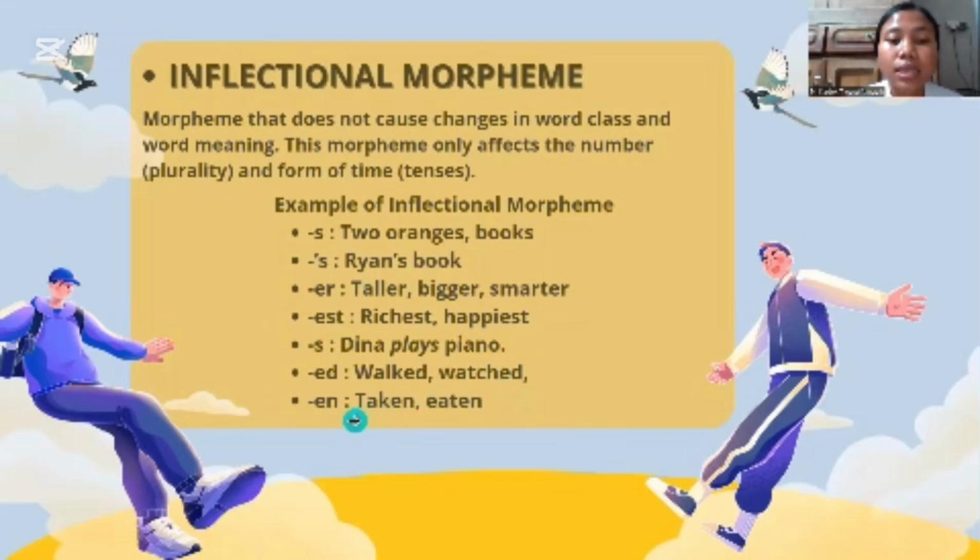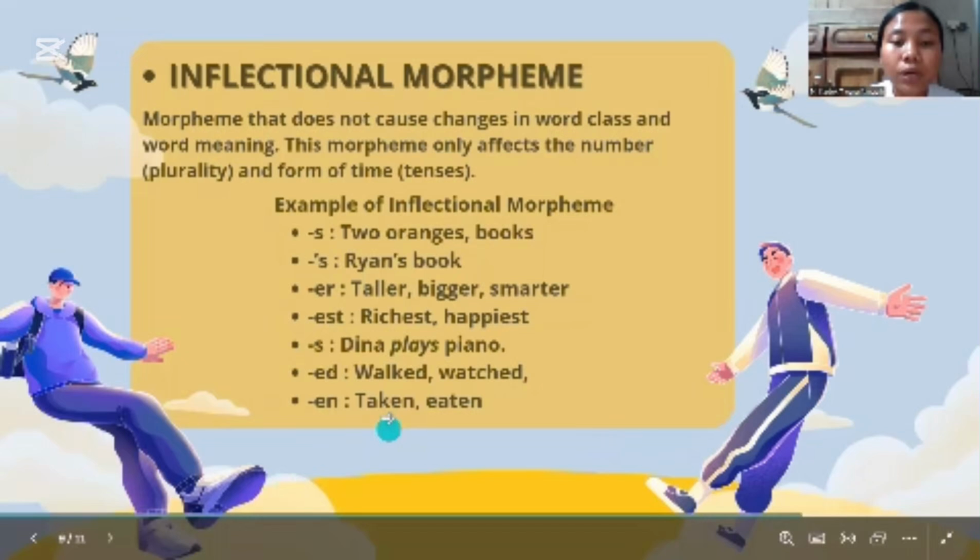And then the last is en. En is used for a word or verb that explains something in the past participle. For example, in the words taken and eaten.